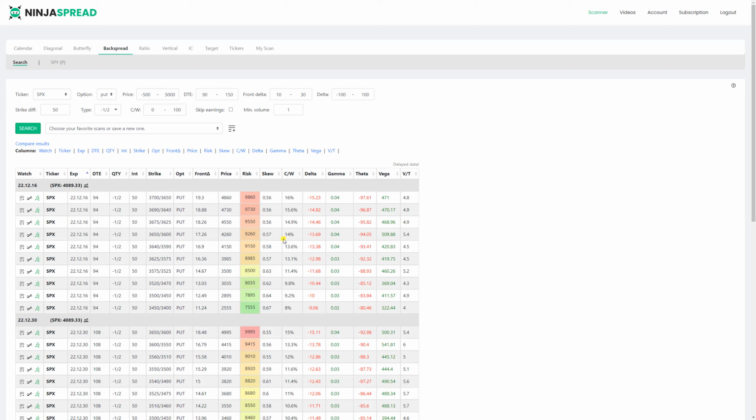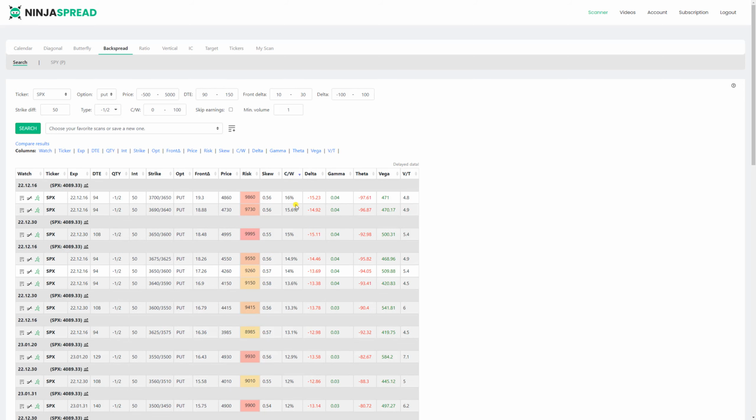for a backspread. What is important for a backspread, I guess, is the CW again, which stands for the extra credit spread ratio. If you sort the table by CW, the higher the CW, the closer the front delta is. That's obvious because the closer the front delta, the higher the credit you get in terms of the spread width in the credit spread.